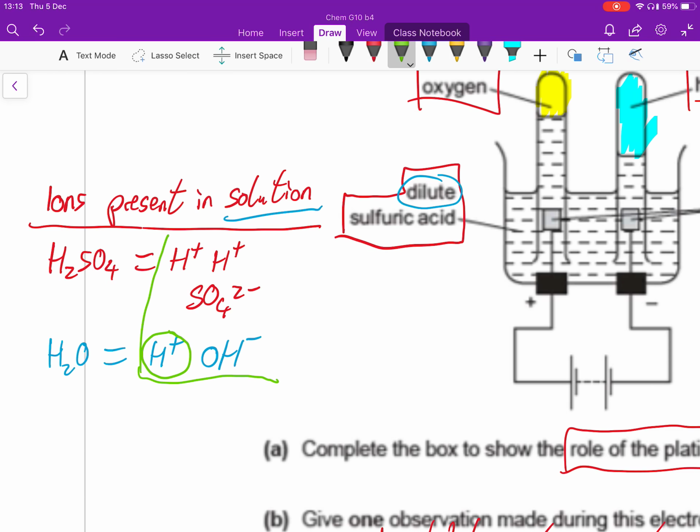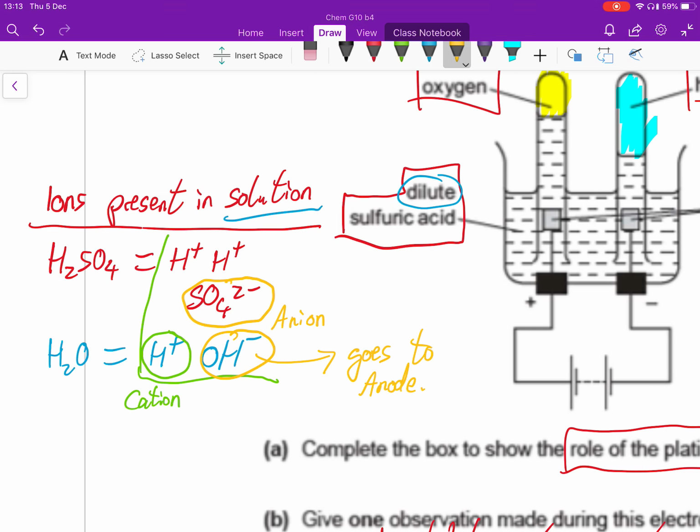The next thing we want to consider is the negative ion, the anion. Now, the anions present, we have SO4 2 minus or OH minus. These are my anions, and the cation was H plus. So with these two anions present, which one is going to go to the anode? Now, sulfate does not decompose. So the only one which can go to the anode is the OH.